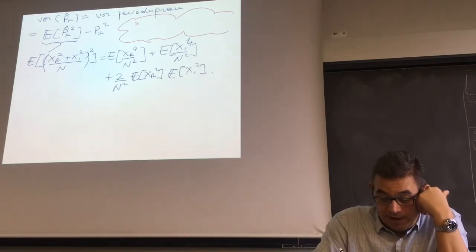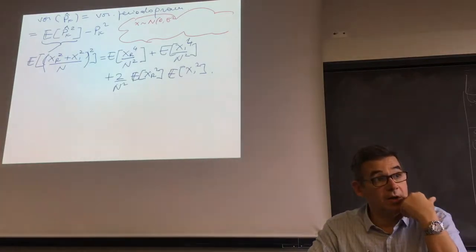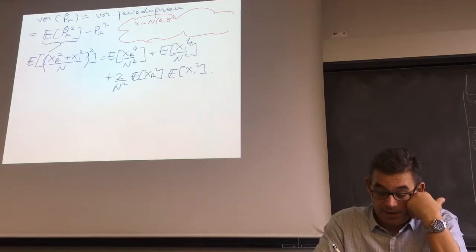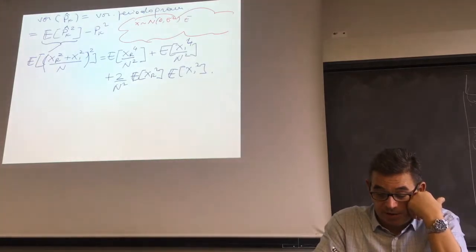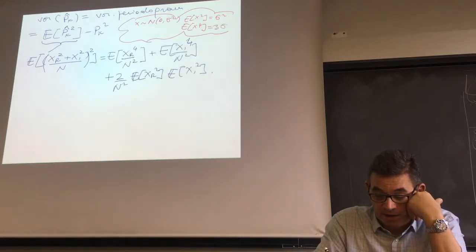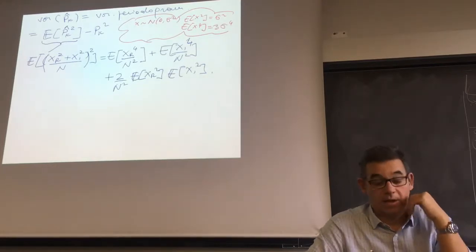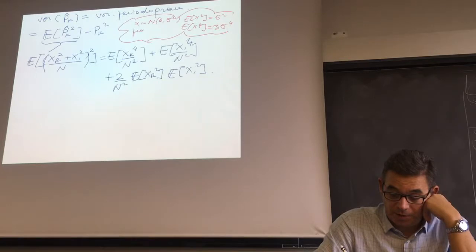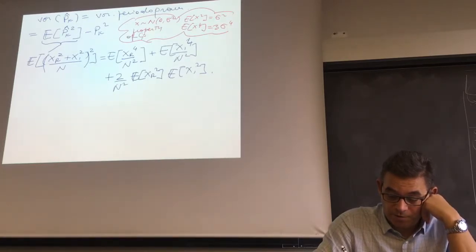If x is Gaussian with a certain variance sigma squared, then the expectation of x squared is equal to sigma squared. The expectation of x to the 4th power is equal to 3 times sigma to the 4th. Okay? This is the property of Gaussians.